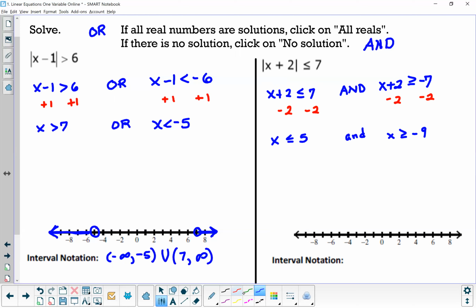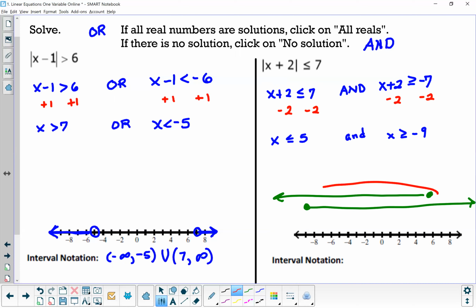Okay, let's do our scratch work. X is less than or equal to 5, meaning a solid circle at 5, and we're going to the left. Greater than or equal to negative 9 means a solid circle at negative 9, and we're going to the right. Remember, this is an intersection, so it's going to be between negative 9 and 5.